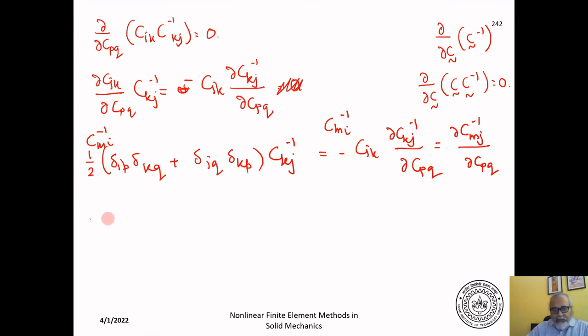This side will become half of Cmi, and this is Ip.